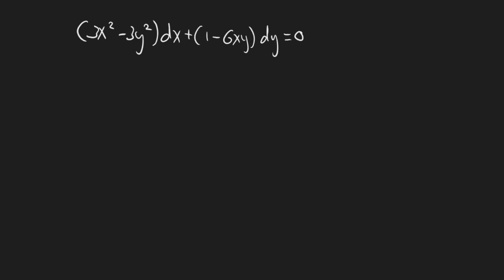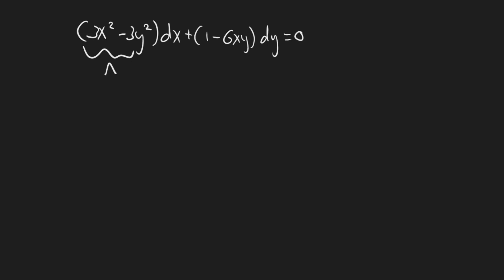Okay, with our first example, we're going to start with 3x squared minus 3y squared dx plus 1 minus 6xy dy equals 0. Right off the bat, this looks like it could be an exact ODE, right?